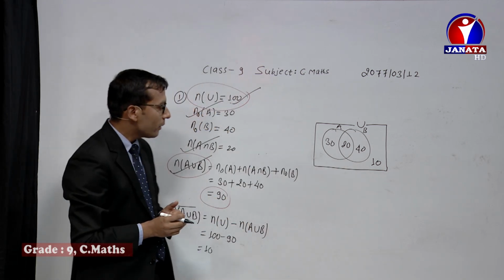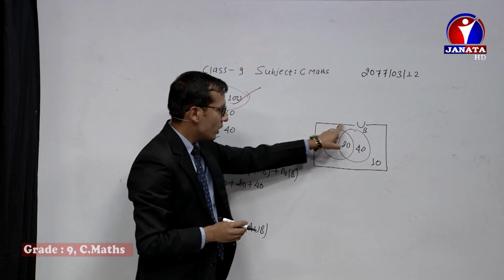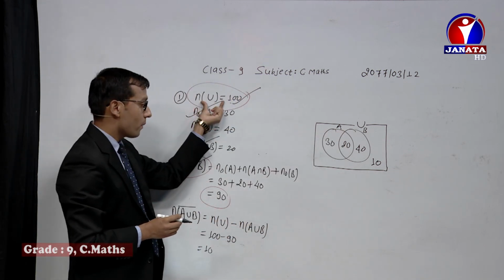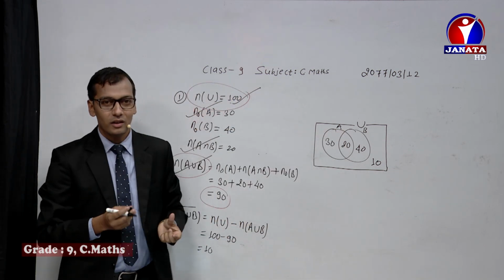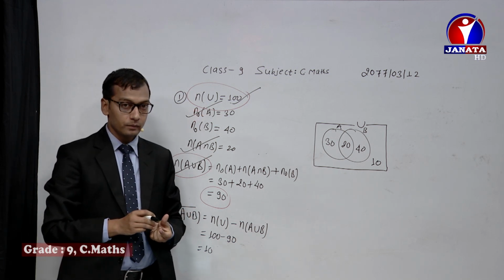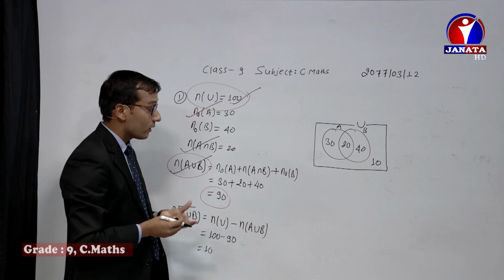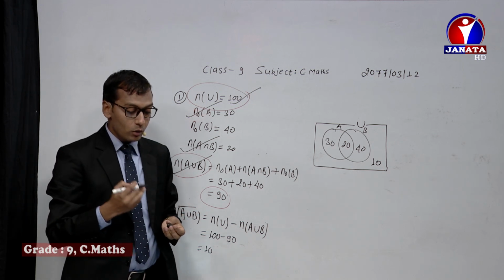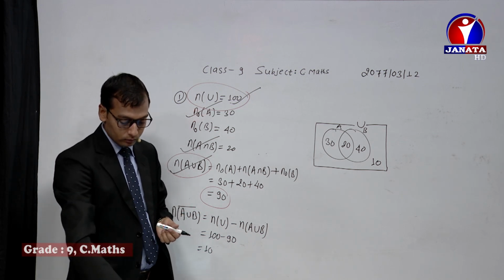If there is no complement, then n of A union B and n of U are equal, in case no complement is given, neither is it asked. So I hope you got this question. Let me go to the next.